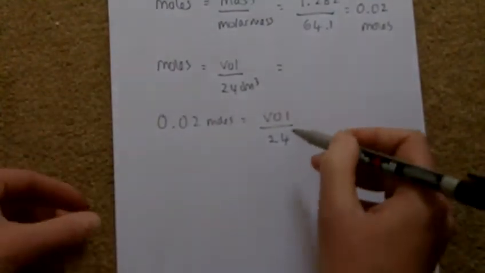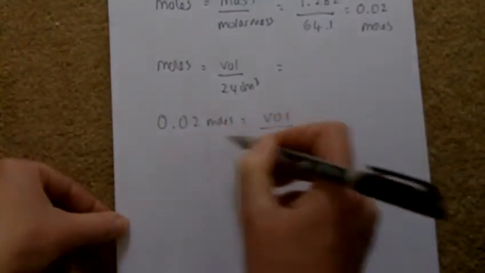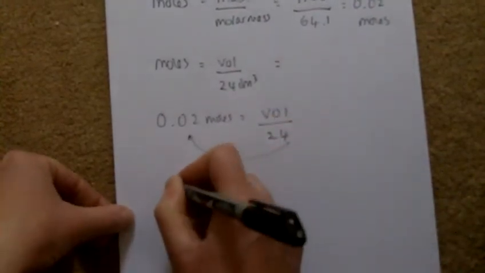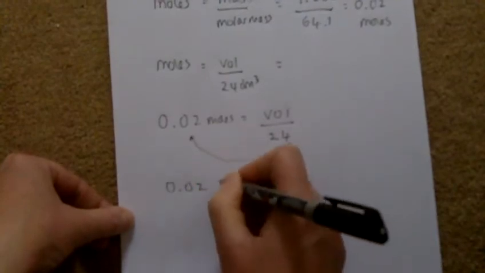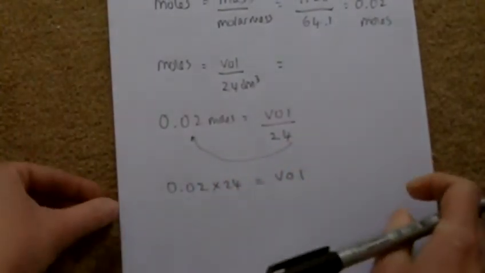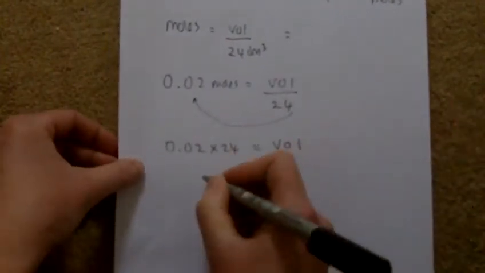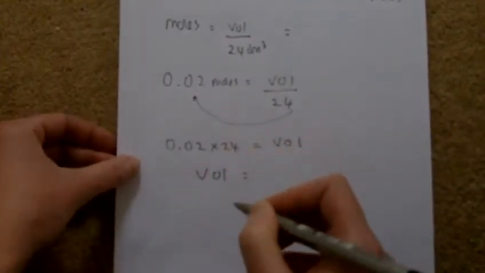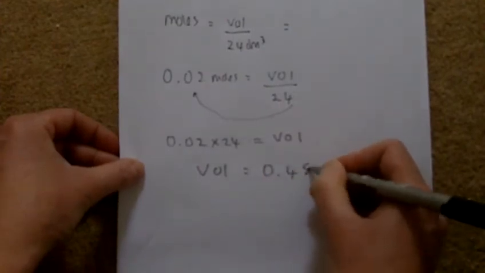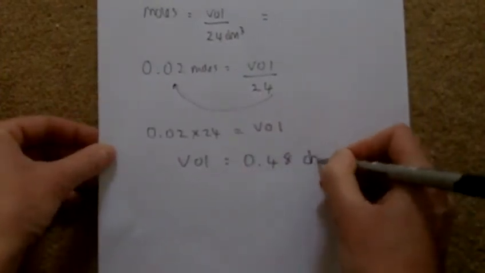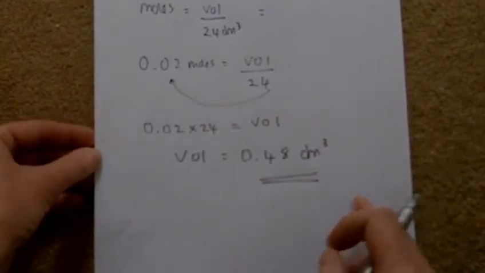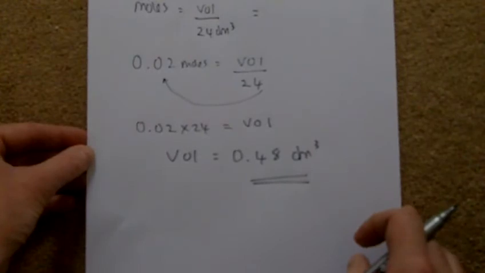It's dividing on this side, so you do the opposite on the other side, bring it up and times it. So it's 0.02 times 24 equals volume, and when you multiply those, the volume equals 0.48 decimeter cubed. It is so important that you put the units, because it could be centimeters cubed or it could be decimeter cubed.